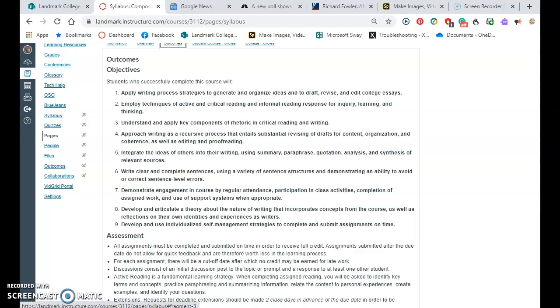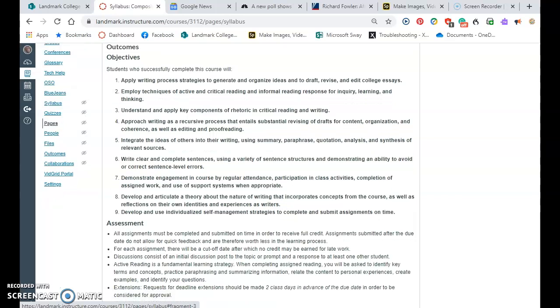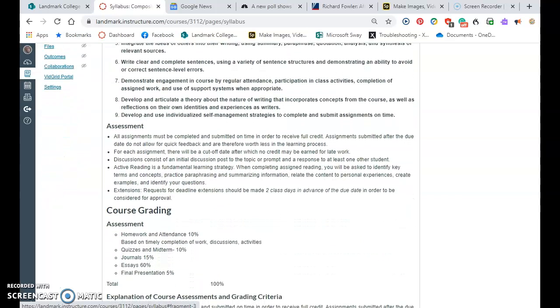And then finally, develop and use individualized self-management strategies to complete and submit assignments on time. And for a lot of you guys, that's partly what this is about, because this is a semester in which you're really trying to figure out how to get writing completed and do a good job of it.